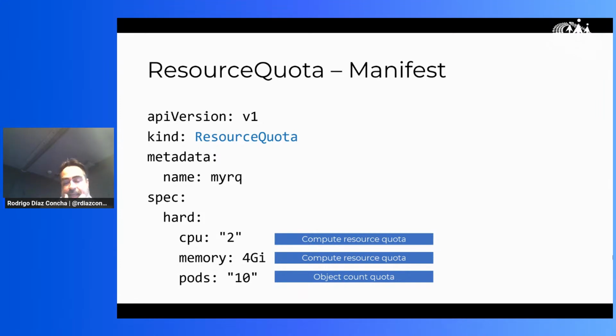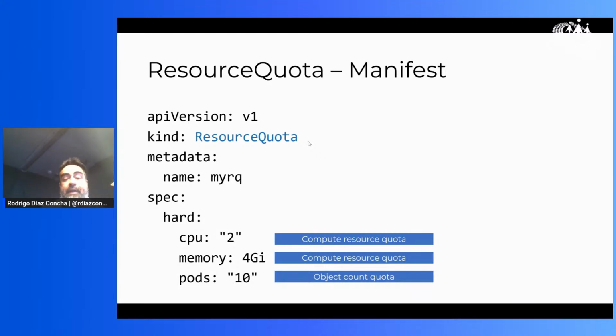Awesome. So returning to the resource quota objects, as you can see here on the screen, this is another kind of object that we can create. In this case, this is the manifest file for our resource quota. As you can see here, this is the resource quota object. The API version is v1, the kind is ResourceQuota, and of course we can set that metadata because most of the time we need the name.